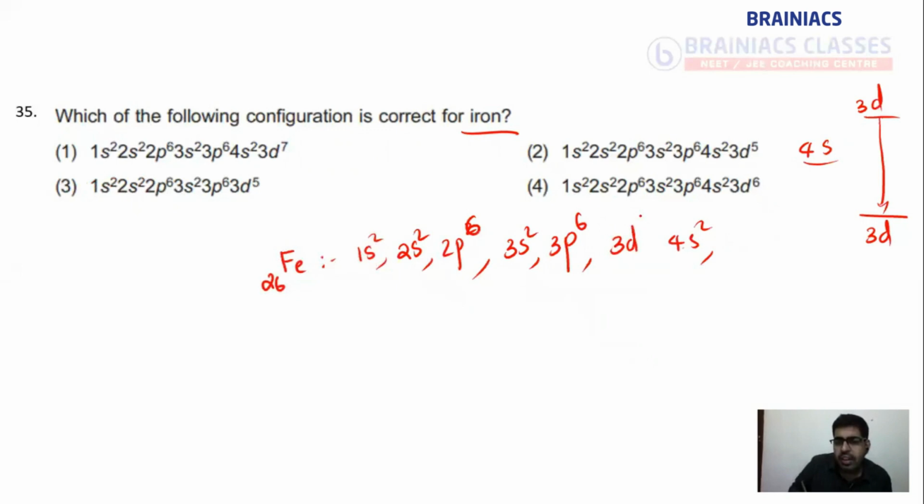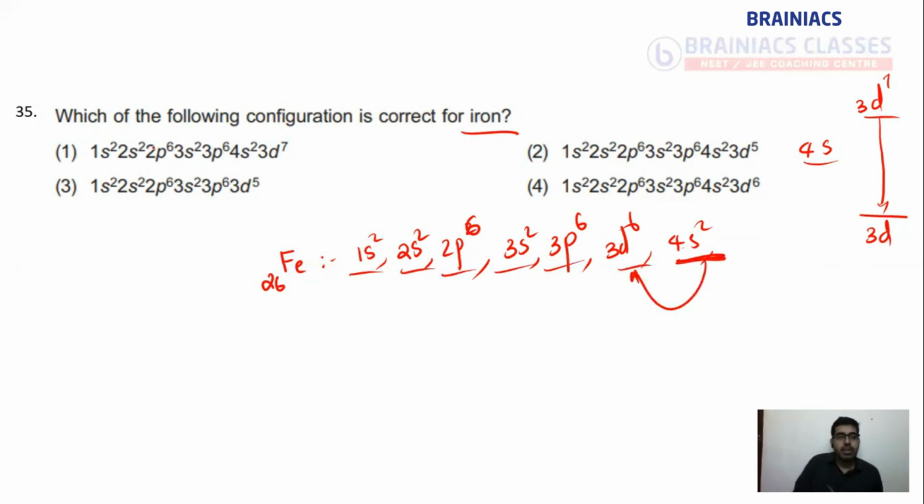So you can write 3d6. This is the exact configuration of iron: 1s2, 2s2, 2p6, 3s2, 3p6, 4s2, 3d6. After filling 4s, we are filling 3d, but you have to write it before this.